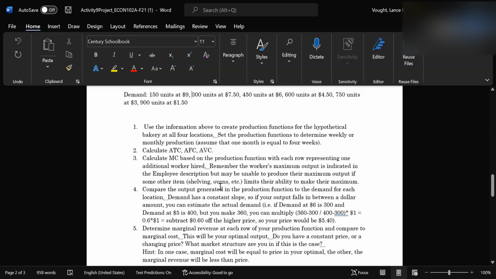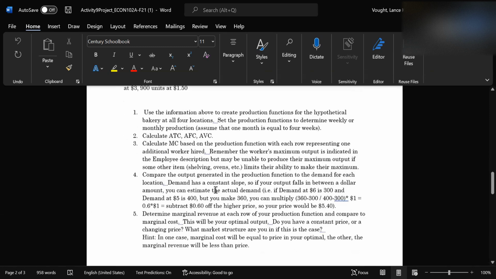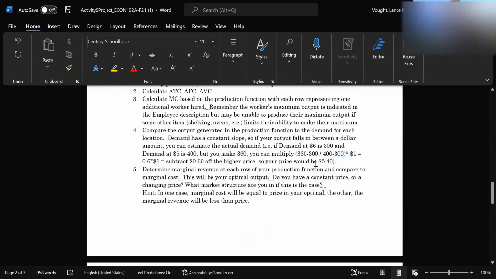Now, can we go over that equation too, just to make sure we do that right? Yeah, so for this example down here, let's say demand at $6 is 300, and at $5 it's 400, and you make 360.